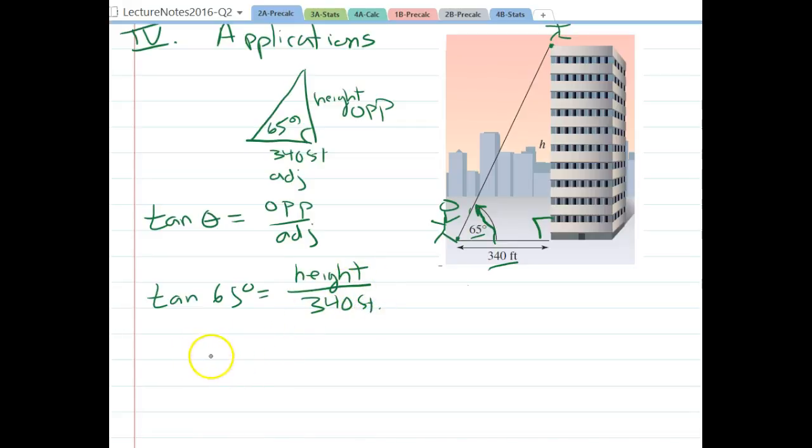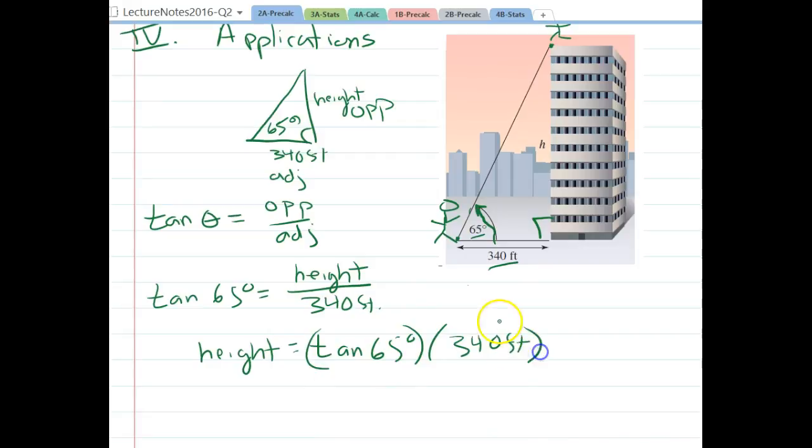I can solve this for height by multiplying both sides by 340. So it's going to be tangent of 65 multiplied by 340 feet. Keep in mind that the tangent function and all of the other functions are unitless because they are ratios of sides. So my answer here is going to be in units of feet.